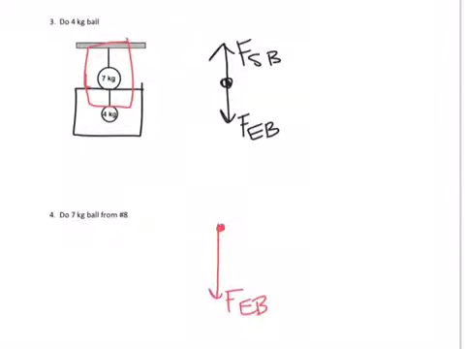And also the string that's attached to the 4 kilogram object pulling it down, and it needs to be the exact same length as what we drew here for the Earth on that 4 kilogram ball, because the amount that the string will pull down is the exact amount that the Earth pulls down on the 4 kilogram.